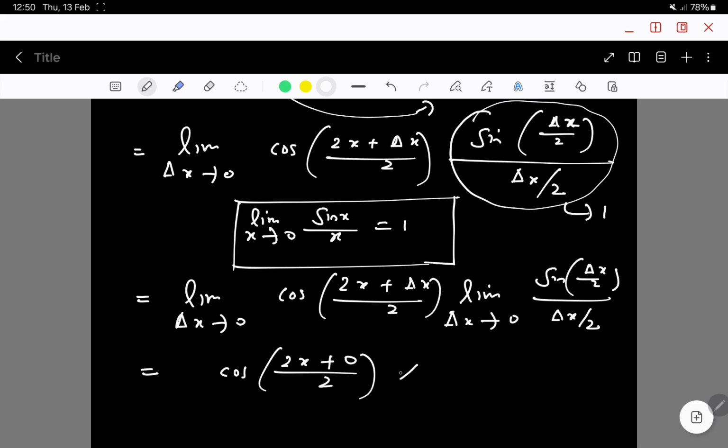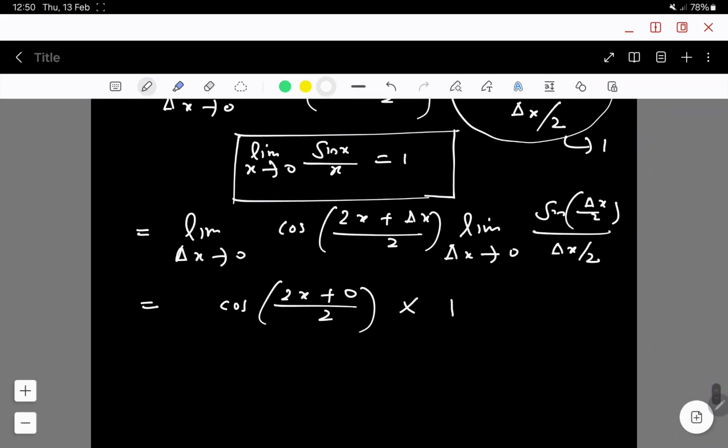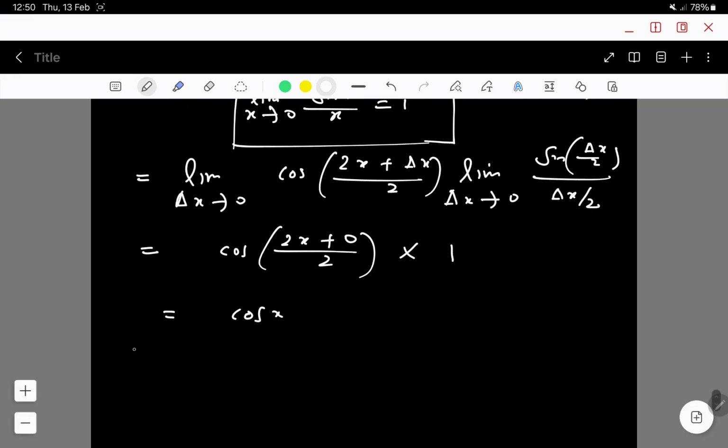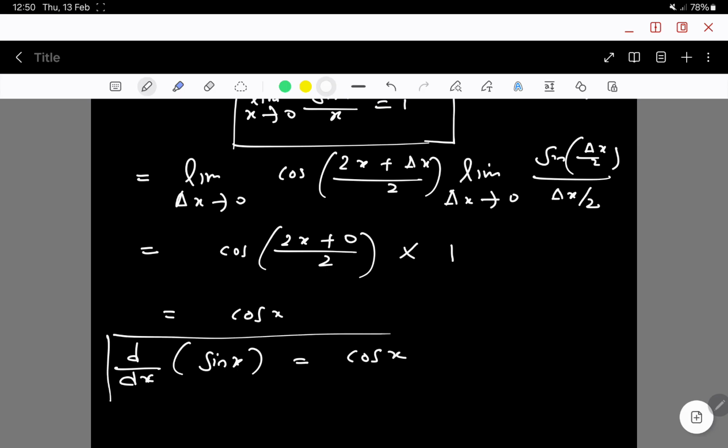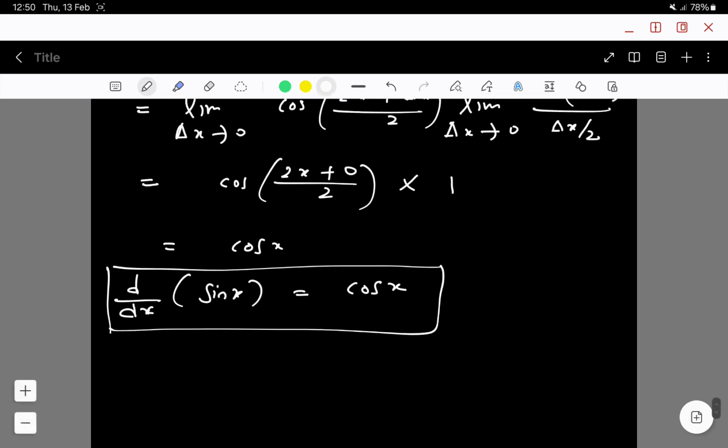The 2s cancel, and we get cos x. So what is the derivative of sin x? That is cos x. That means cos x is the slope of the tangent to the curve of the function sin x at a point x. That is the geometrical meaning of the derivative of sin x.